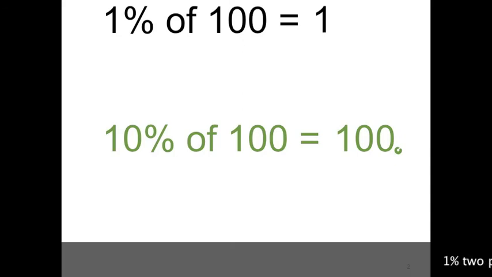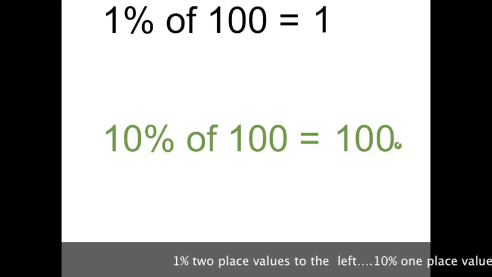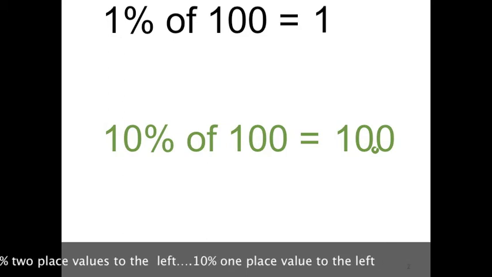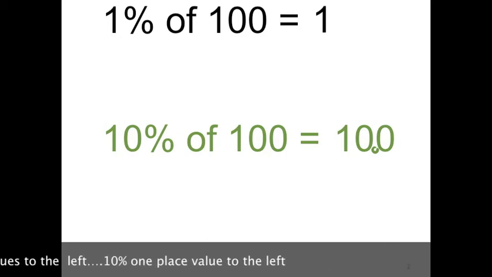If you know what 10% of 100 is, or 10% of any number, it makes it much easier. That's simply moving the decimal point 1 place value to the left. So 1%, 2 place values to the left. 10%, 1 place value to the left.